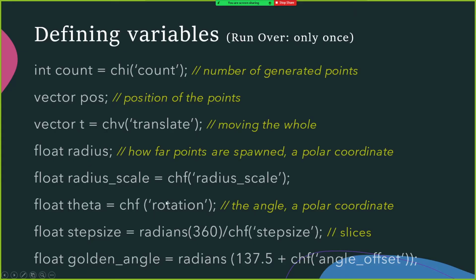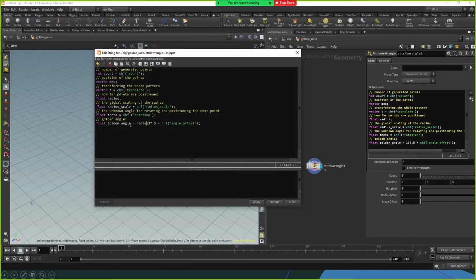Actually, here you see me say I want the radians of this golden angle, and it's easy to define it, because when it goes blue it means that it's a command. So I'm just saying, okay, I know the degree, you just give me the radians of it, so it's a better definition of the amount of rotation.